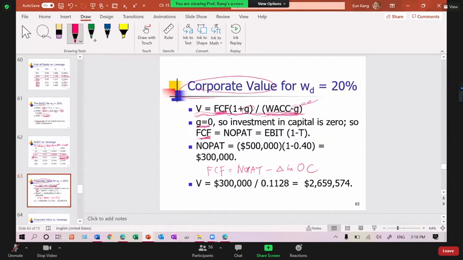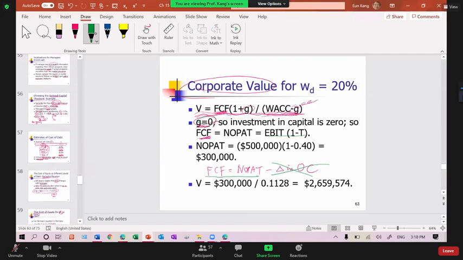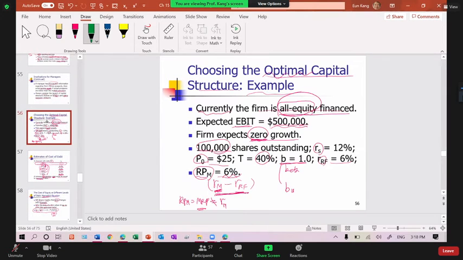But no growth, right? No growth means what? There's no additional investment. So now we understand that free cash flow is just NOPAT. NOPAT is EBIT times 1 minus T. EBIT is given as 500,000 from the first example, EBIT is 500,000.